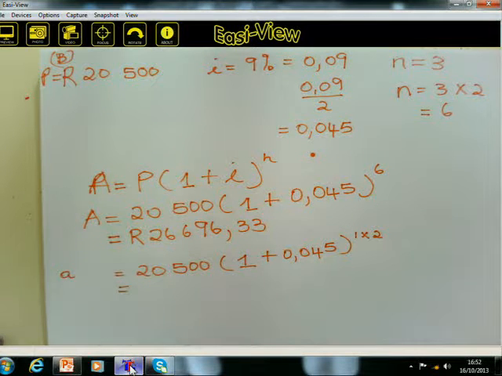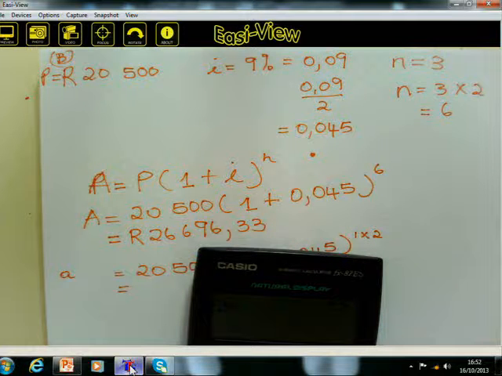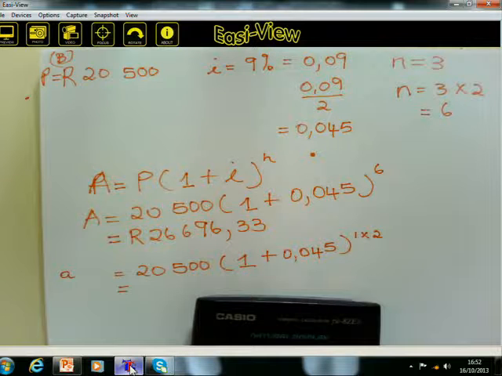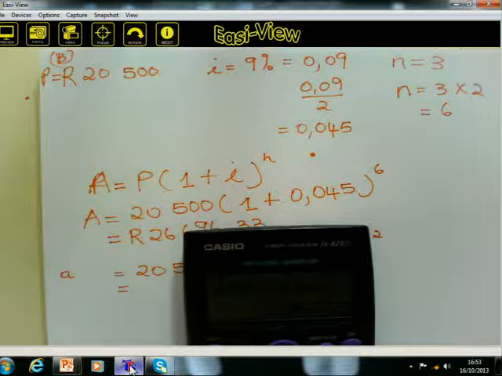And then from there, let's calculate that. 20,500 bracket 1 plus 0,045 close bracket to the power of 2. We have there 22,386 rand 5125. 2 decimal places is going to be 22,386 rand 51 cents.